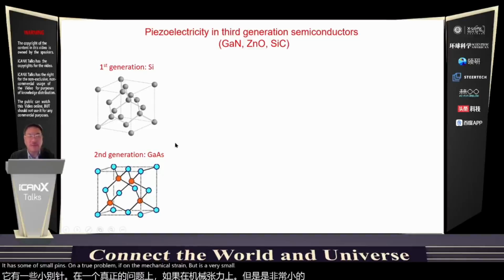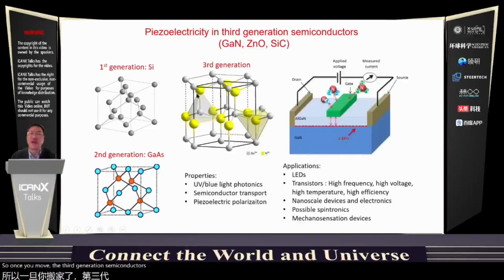Once you move to third generation semiconductor, things change gigantically due to the crystallographic structure changing from cubic to hexagonal. What's the difference? Hexagonal means that along this axis we have 120 degree six-fold symmetry. In this direction we have only mirror symmetry, which is gigantically different from what we had in first generation semiconductor.